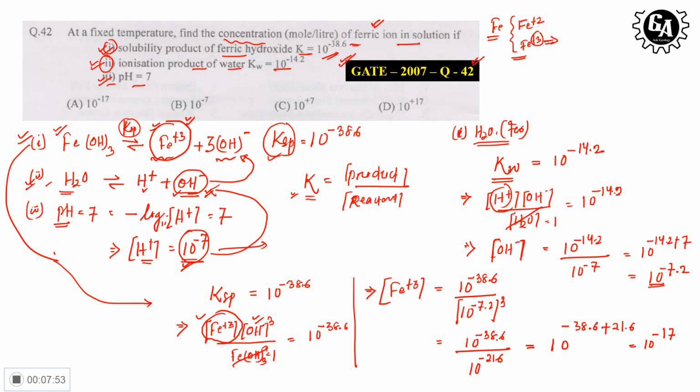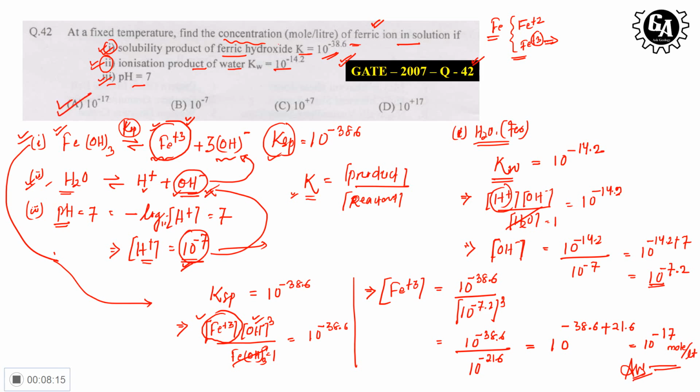We have not converted any unit, so the unit is mole per liter, as given. So the answer is 10 to the power minus 17. This will be your answer.